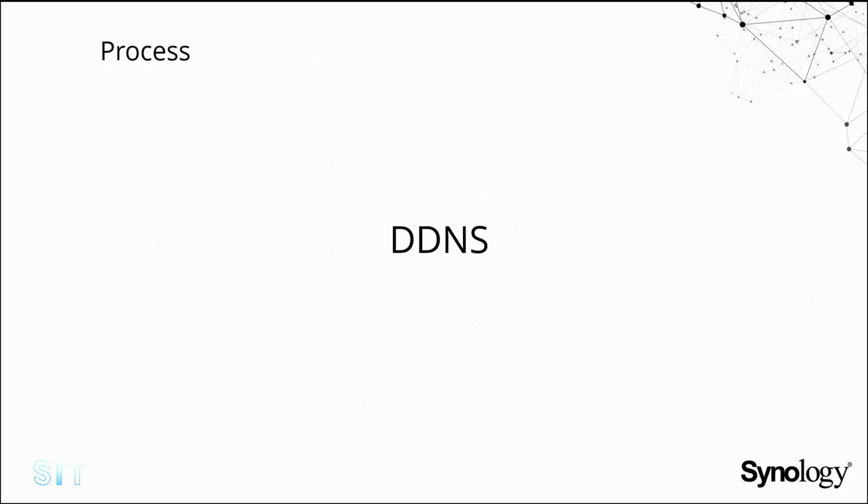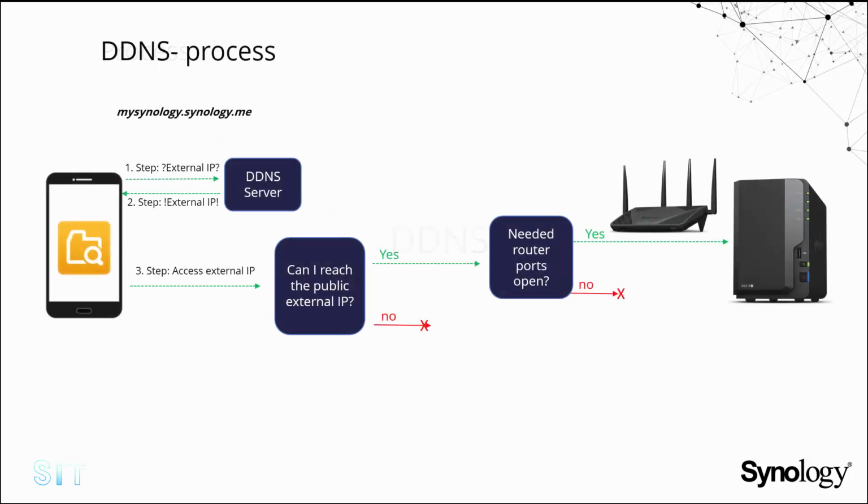Let's take a look at the properties and setup of DDNS. Unlike QuickConnect, DDNS is quite simple. Here the DDNS address always points to the public IP of our local home network. To make the NAS accessible from the outside, we set a share or port forwarding for the program ports in our router to the local NAS address in the so-called NAT firewall.